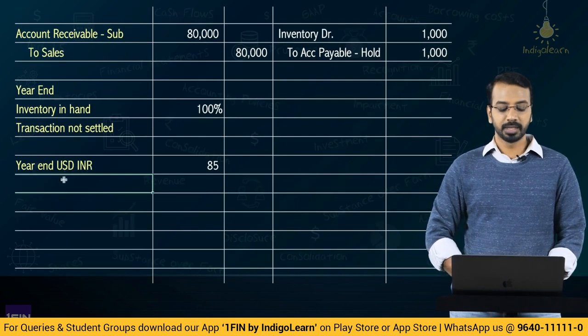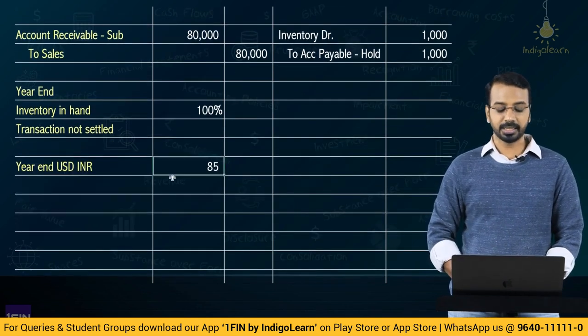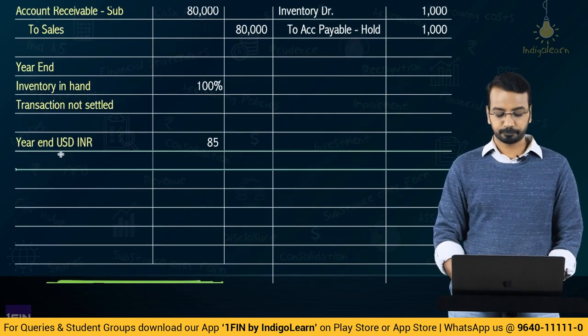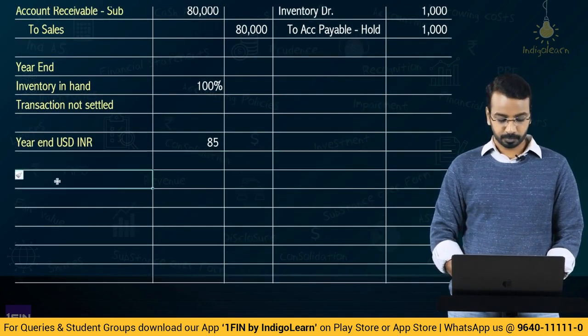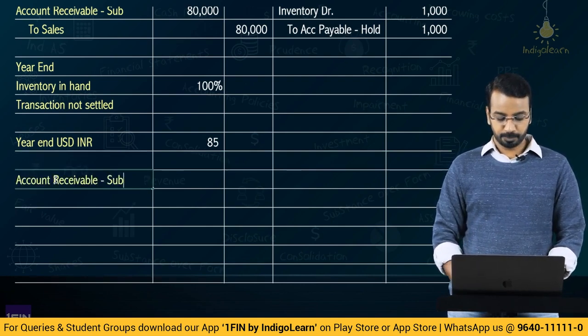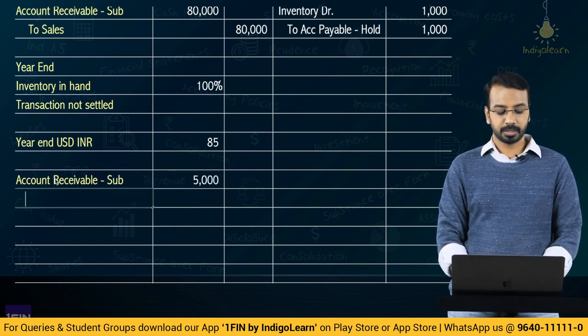Okay. So, what will you do? $1,000 receivable and the exchange has gone up by 5, you have a gain of 5,000. So, you will say account receivable subsidiary 5,000 to exchange gain 5,000.